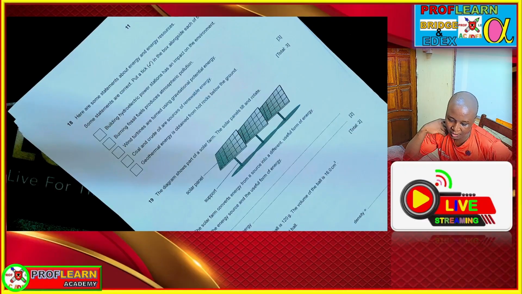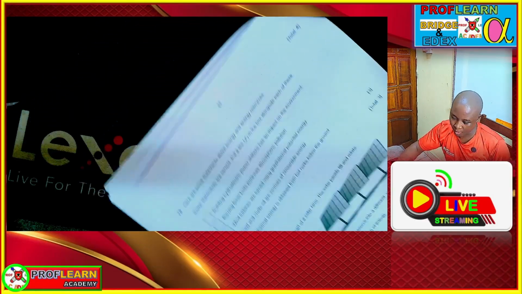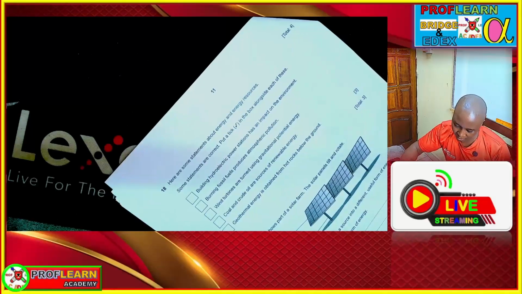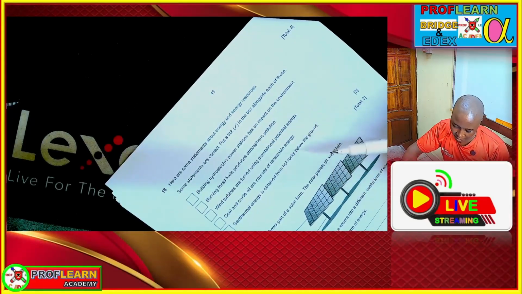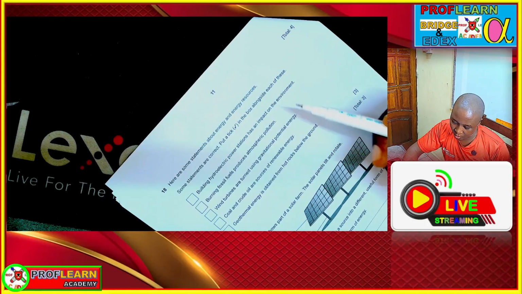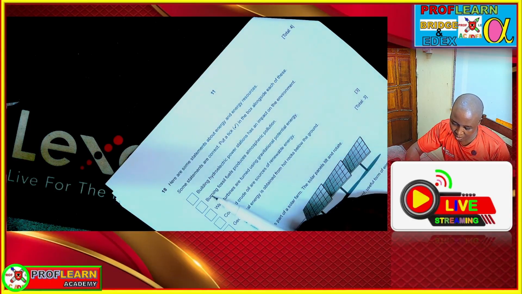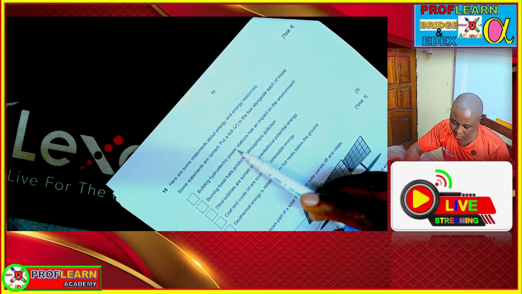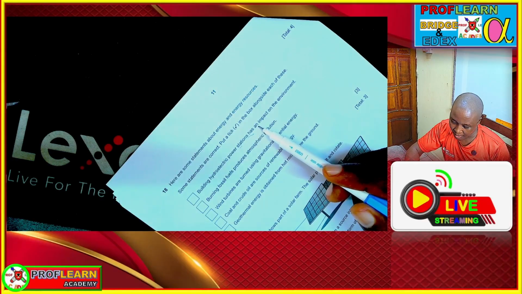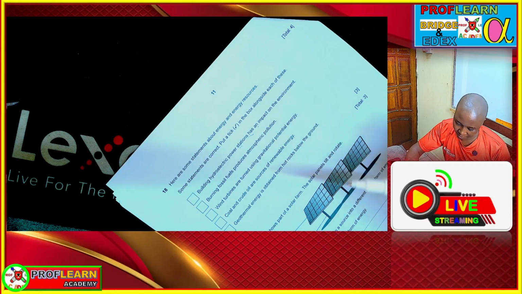Here are some statements about energy and energy resources. Some statements are correct. Put a tick in the box alongside each of these. Building a hydroelectric power station has an impact on the environment.